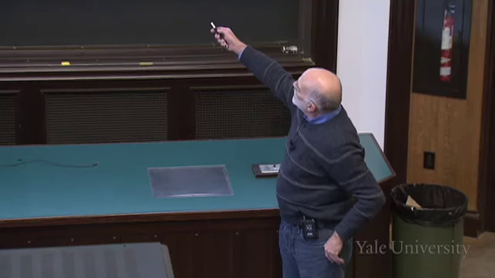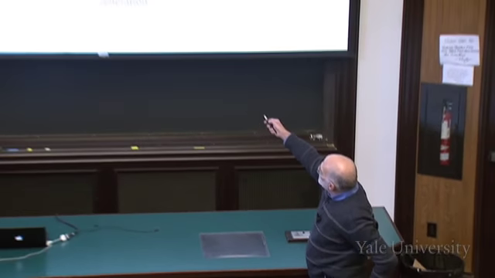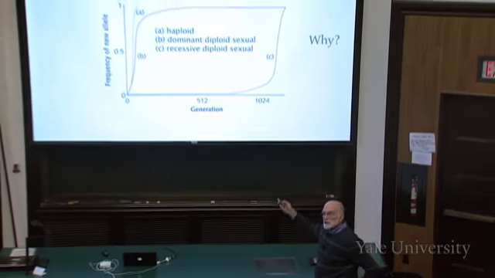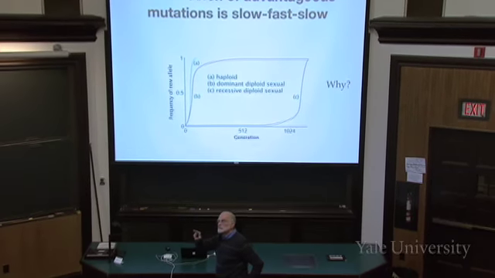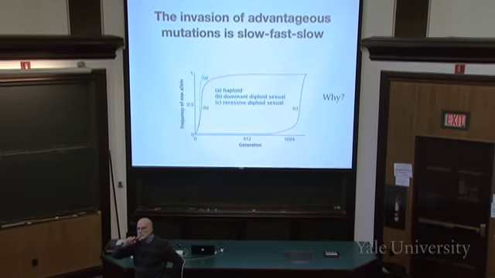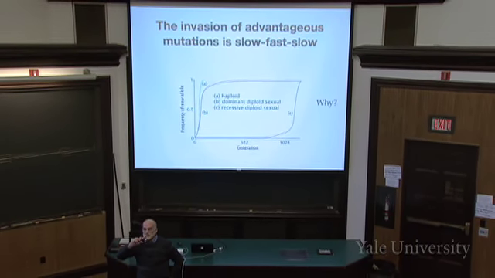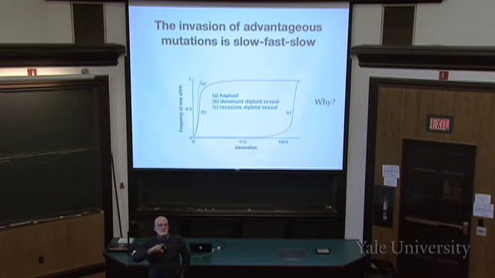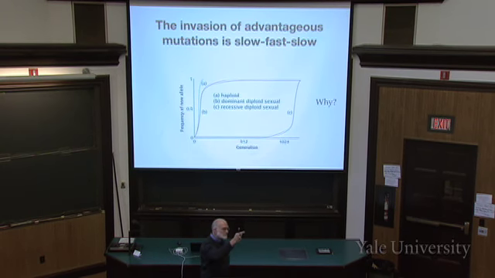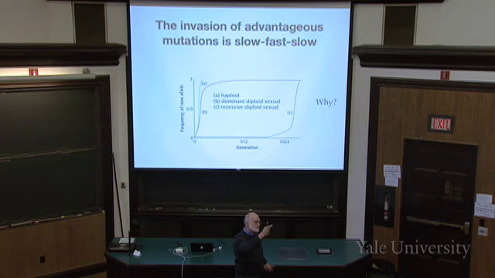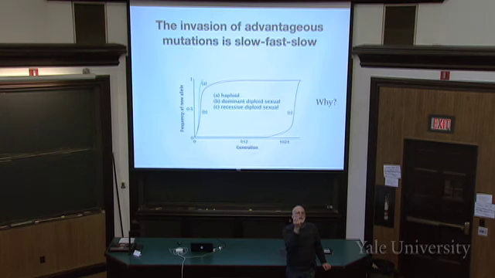Good. We'll find out as we go through the next questions. So the haploids are faster than a dominant diploid because, basically, the heterozygotes react like the dominant, but contain the recessive.